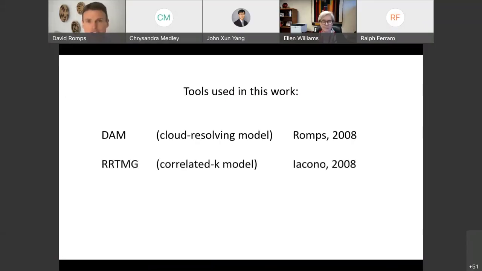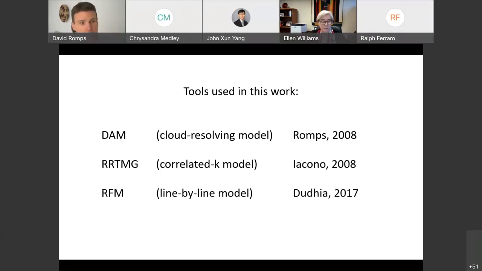Another is RRTMG, which is a correlated K radiative transfer model. Then the reference forward model by Anno Dudia, which is a line-by-line radiative transfer model. And finally, there's a lot of pencil and paper, which I have to credit the Chinese with. So these are the tools that are used in the work I'm going to show you here.